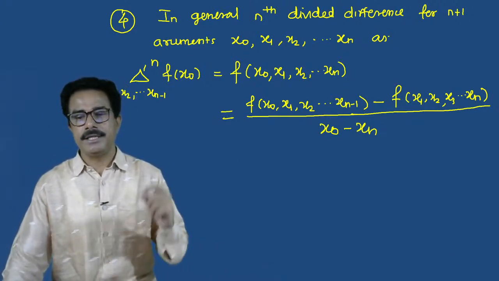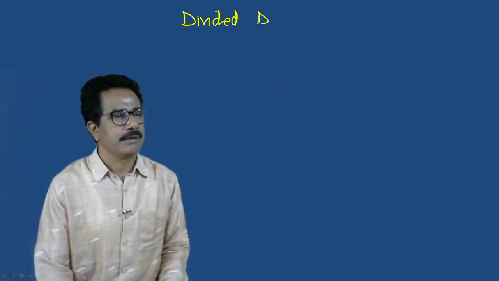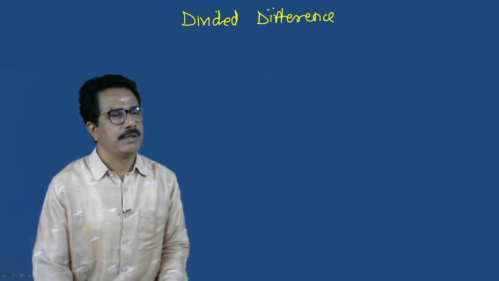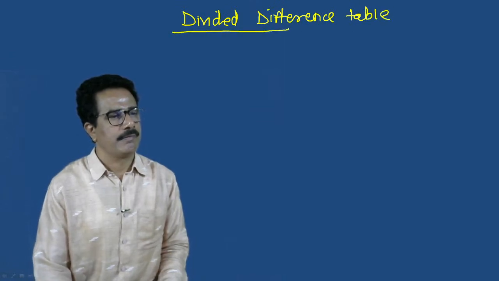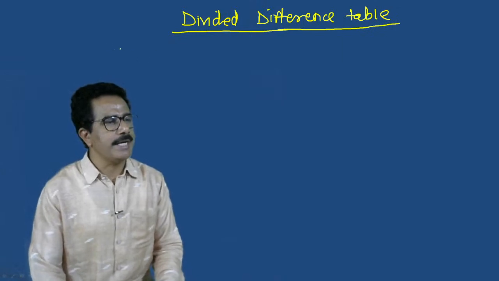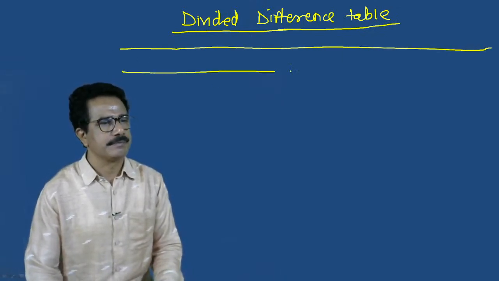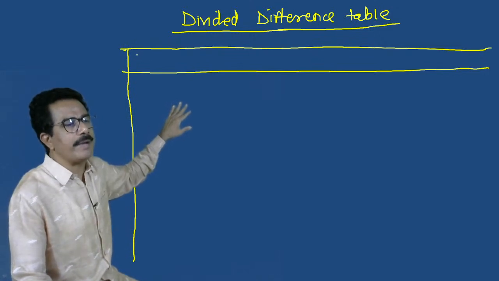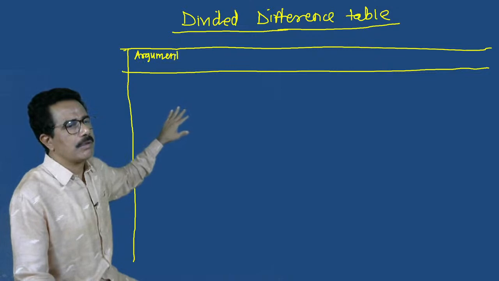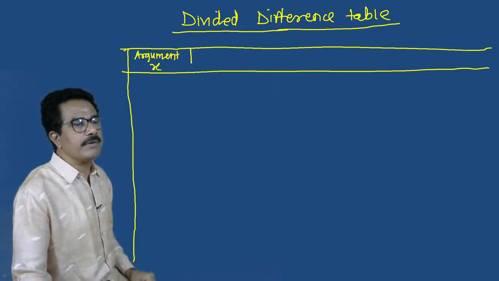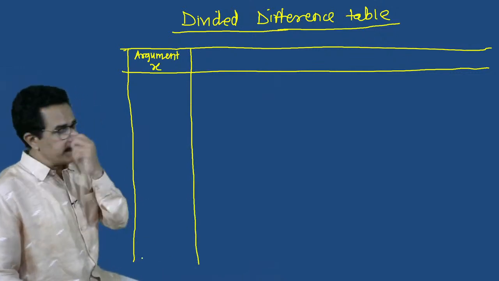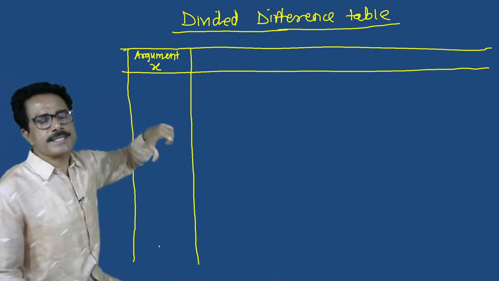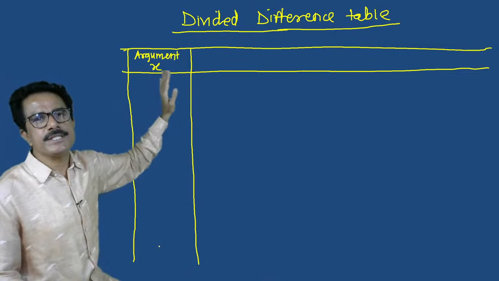Now we can construct the divided difference table. How to construct the divided difference table? So this divided difference table, now we have to construct the divided difference table in such a way that suppose this is the value of x denoted by argument, which are unequal or unequal spaced argument, means h is not constant.